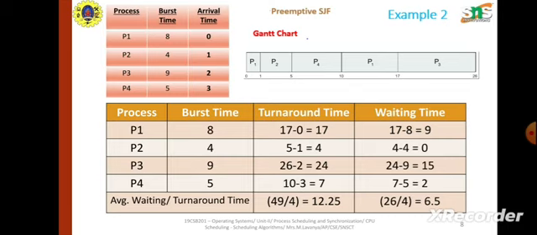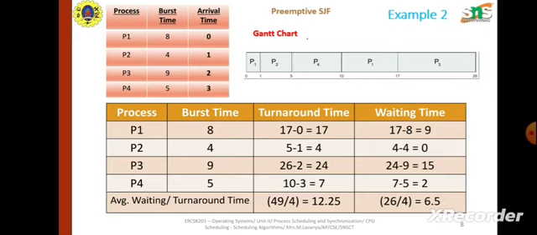For finding the average, we will be summing all those P1, P2, P3, P4 and find the average. It is 12.25 milliseconds. Then using this turnaround time, we will be finding the waiting time. Waiting time formula is equal to turnaround time minus burst time.